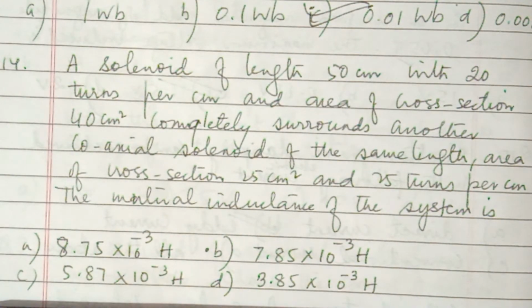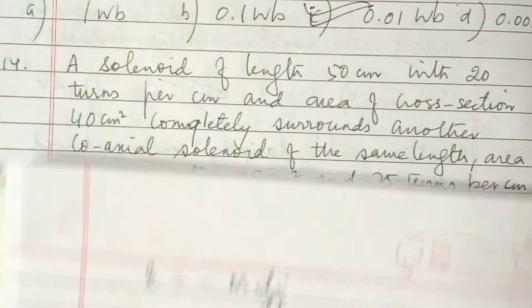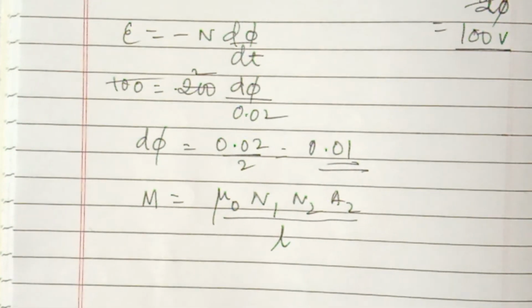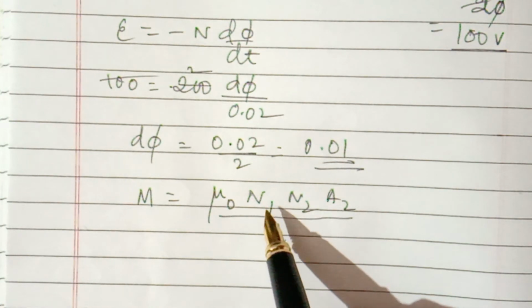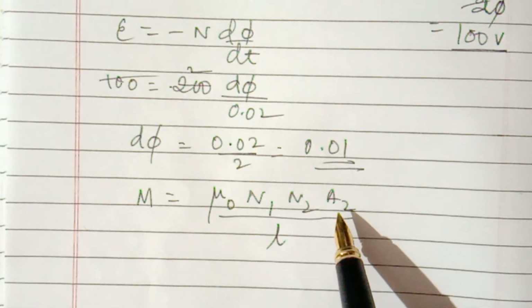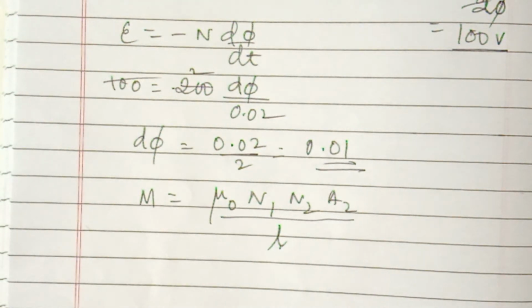So you have to apply the formula of mutual inductance of two coils of total turns N1 and N2, which is related to the length. Then if you put the values, you will get the answer.